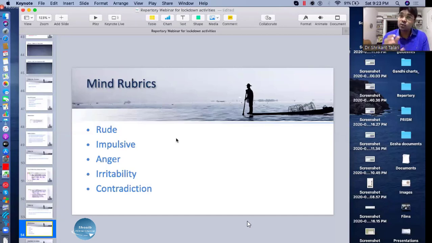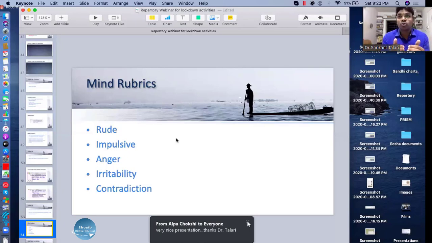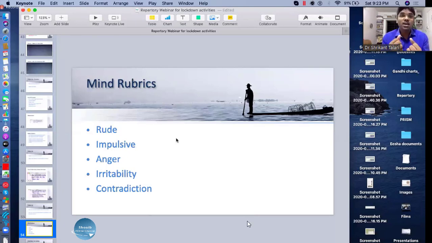But if you understand mind rubrics, if you understand the meanings of rubrics, then you will know that there is a rubric in the repertory which means abrupt. Abrupt means when I am talking to you, when we are having a conversation, and then in between you just cut the conversation, you just end the conversation so that you look rude, so that you look impulsive.